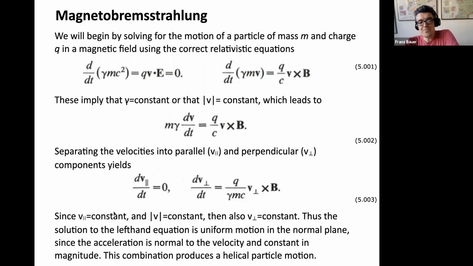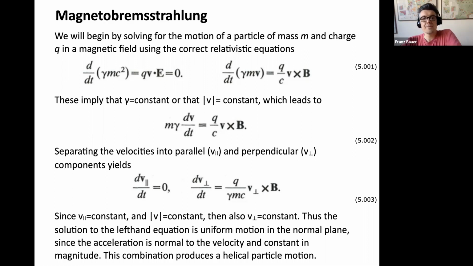So this thing is constant and this thing is constant. That also means that this thing will be constant. And so this becomes relatively easy to solve. We have a uniform motion in the normal plane, so it's just going around like this. And because there's also a velocity in the parallel component, we actually see a helical motion.